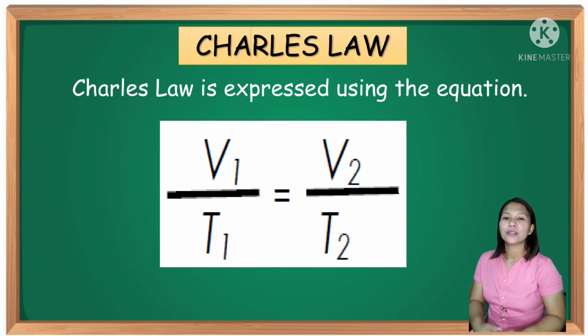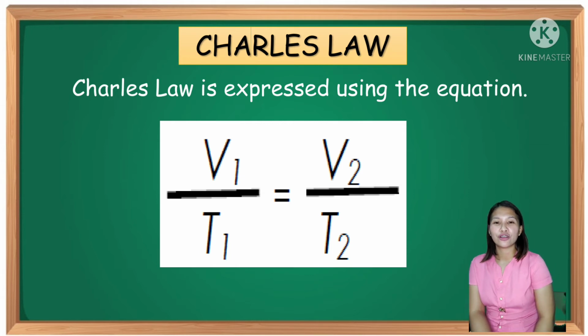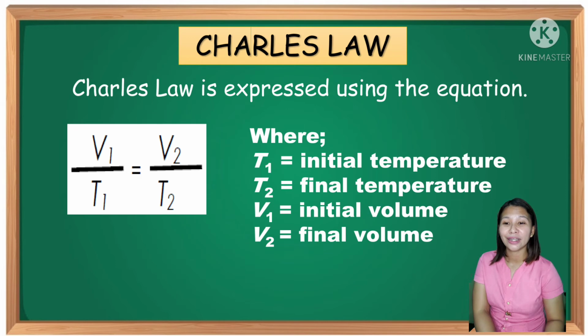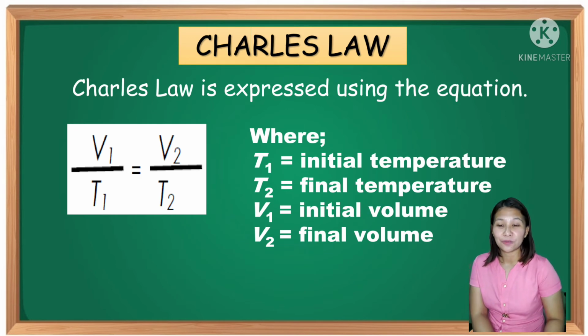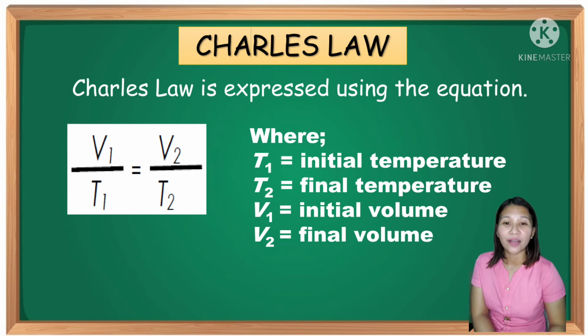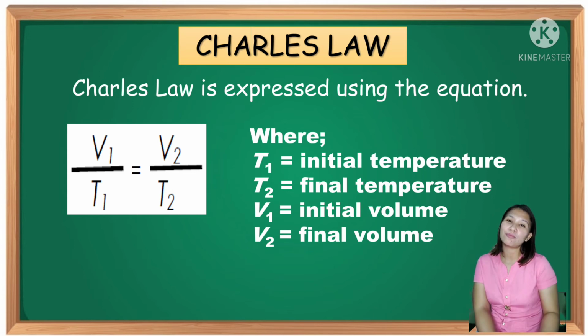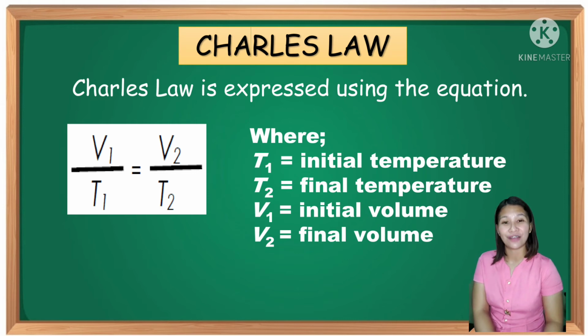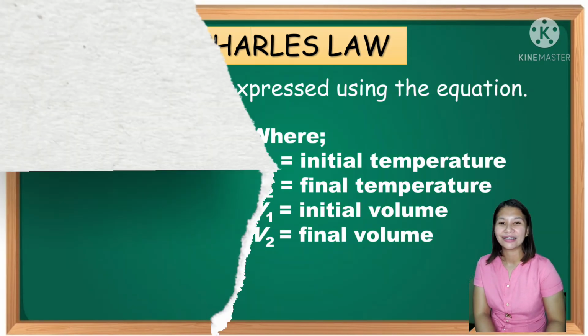Charles's Law is expressed using the equation V sub 1 over T sub 1 is equal to V sub 2 over T sub 2, where T sub 1 is the initial temperature, T sub 2 is the final temperature, V sub 1 is the initial volume, and V sub 2 is the final volume.